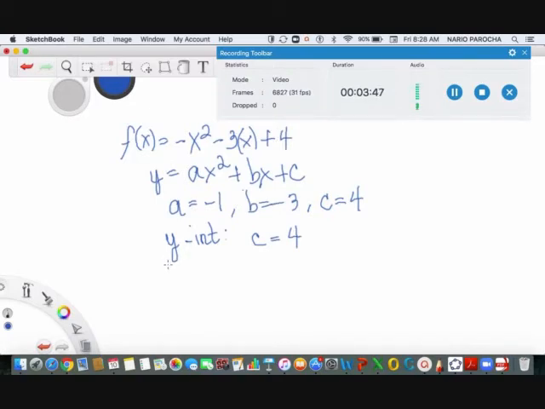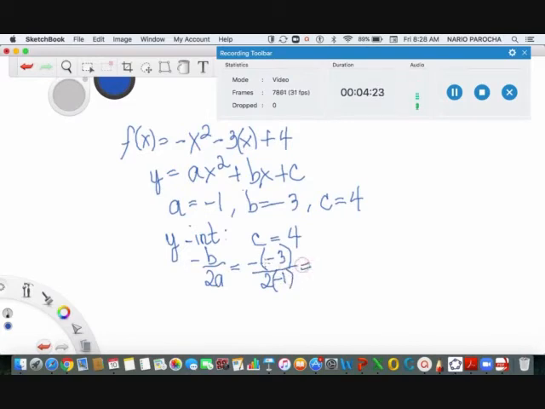Next to determine is the equation of the axis of symmetry. It is determined by the equation negative b over 2a. So, we substitute the values of b and a: negative of negative 3 all over 2 times the value of a, negative 1.